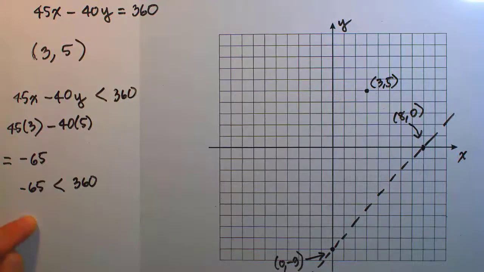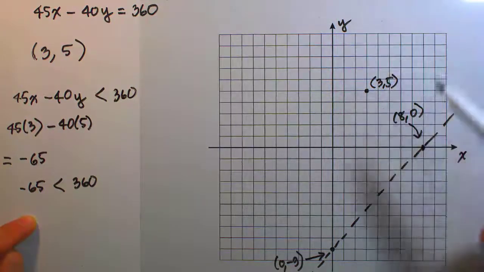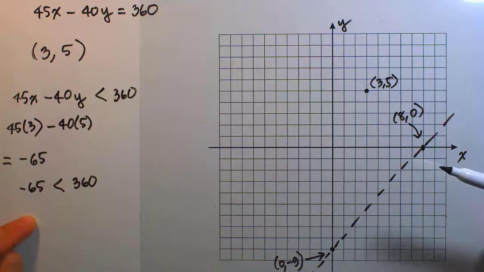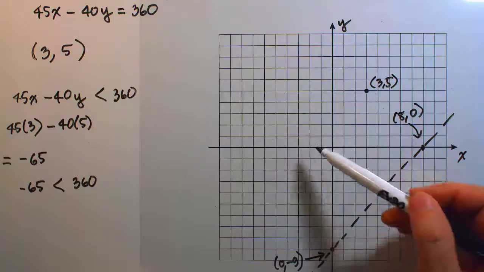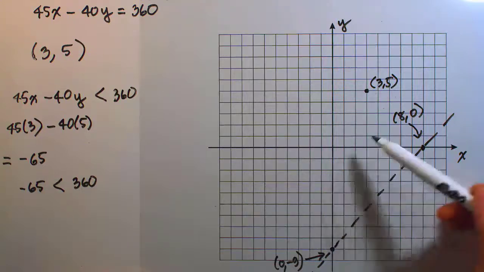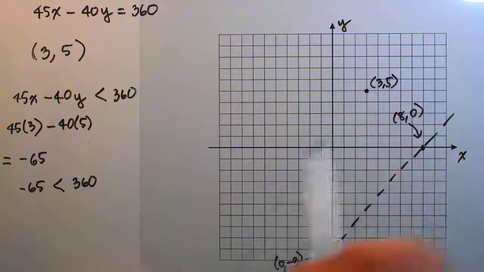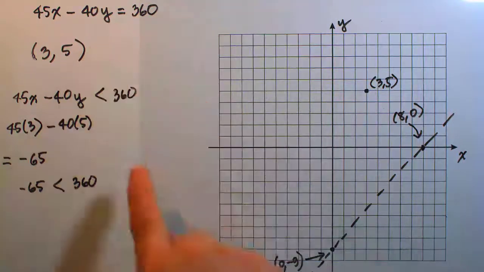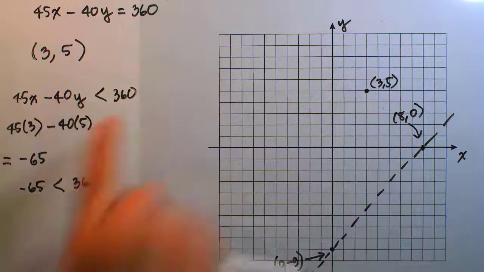And the point itself is in the upper region. That tells us a powerful thing: any other point, with a different coordinate pair, that stays above this line will also satisfy this inequality, with the left-hand side less than 360.